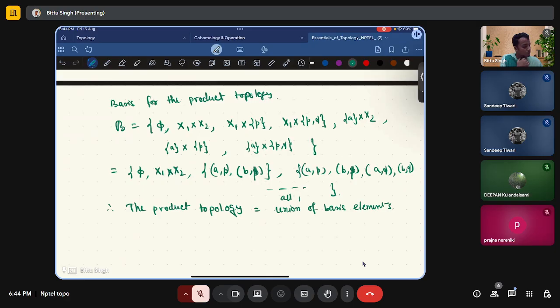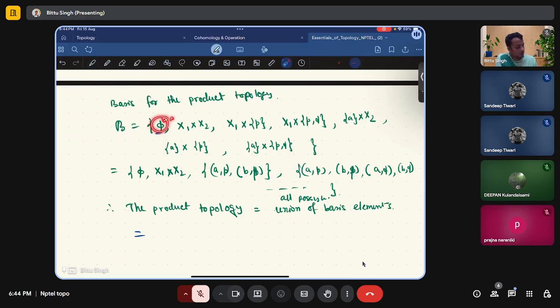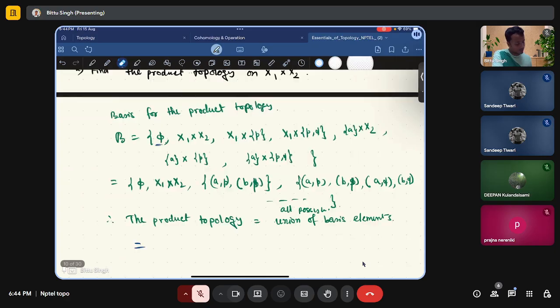Take all possible unions. So this is the way to generate the product topology. If we take empty and take union with another element, that will be the bigger one, right? So can we find some structure here?